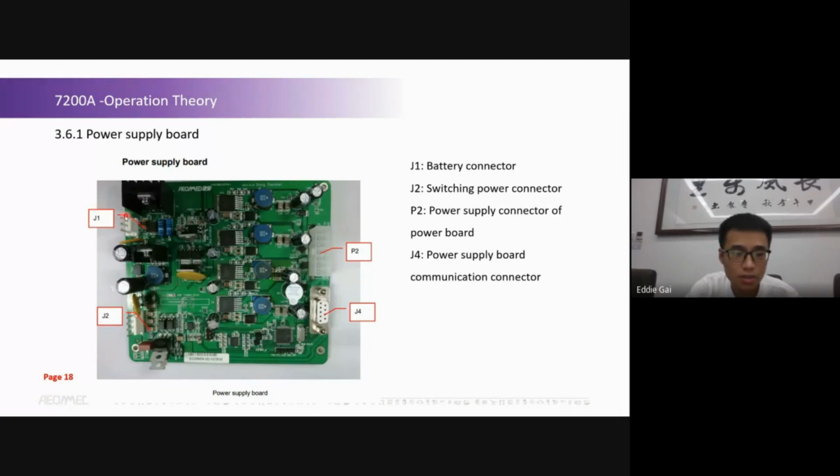And I pointed out these ports, such as J1 is connected to the battery, J2 connects to the switching power connector, and P2 connects to the power supply. This is usually for the main board and giving power for the main board. J4 is for communication.